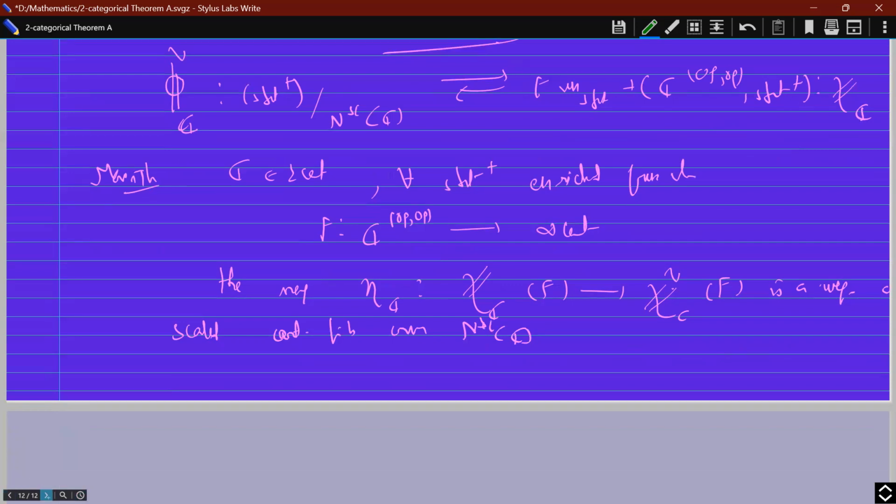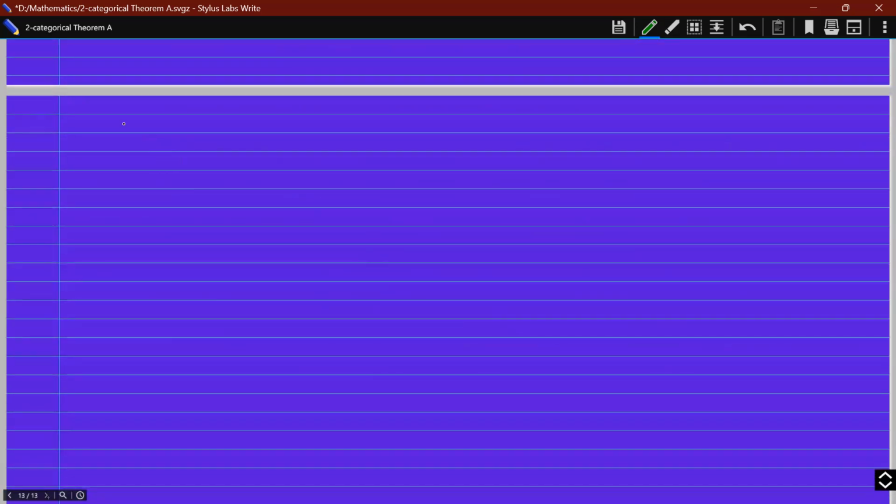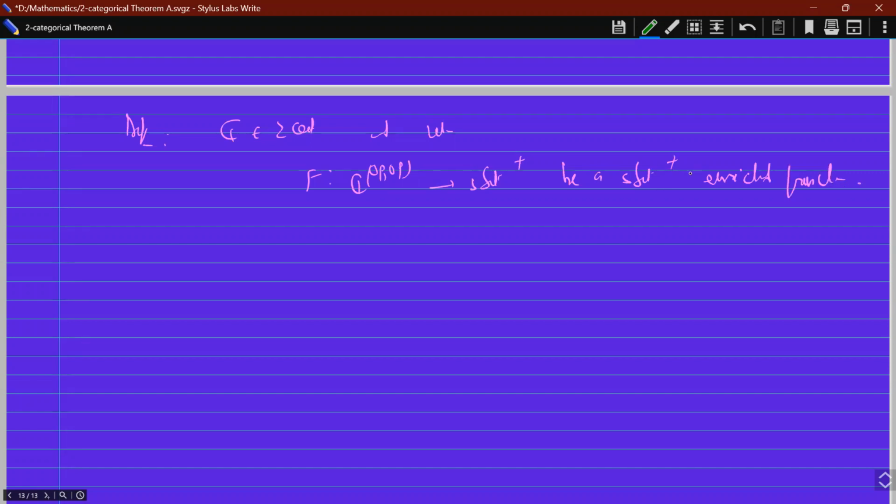So okay, now let me go ahead and define the things. So right. So again, we take a two category and a marked simplicial set, category enriched functor. Functor.